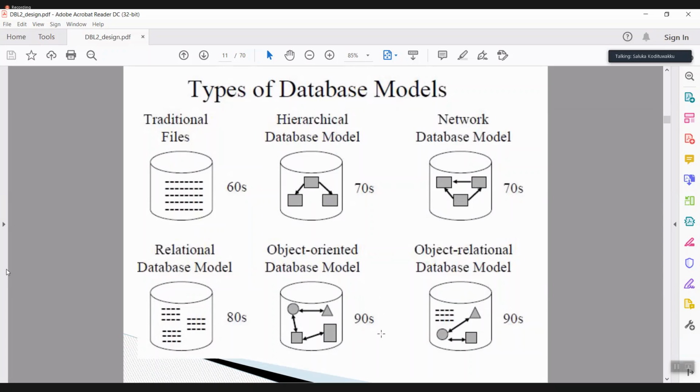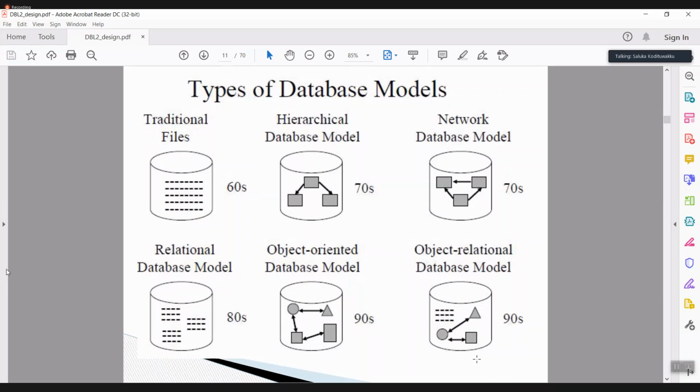But due to the high complexity of the object-oriented database model, starting with the 1990s the object-relational database model was introduced. That means the object-relational database model is an integration or mixture of the relational and object-oriented database models.